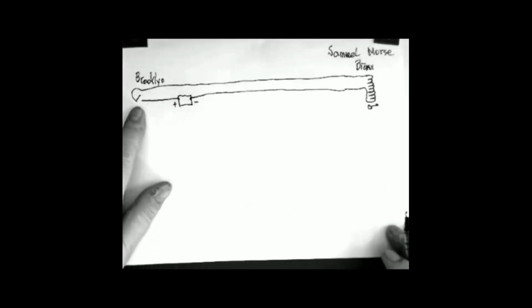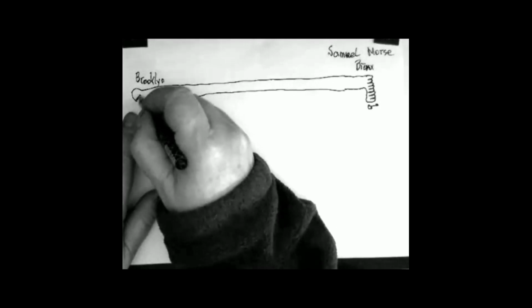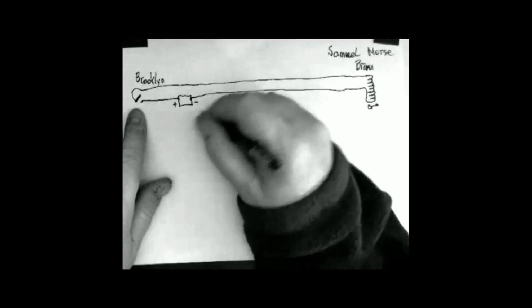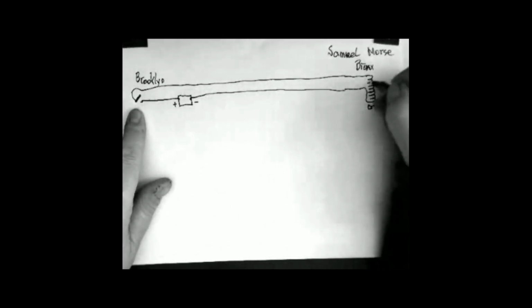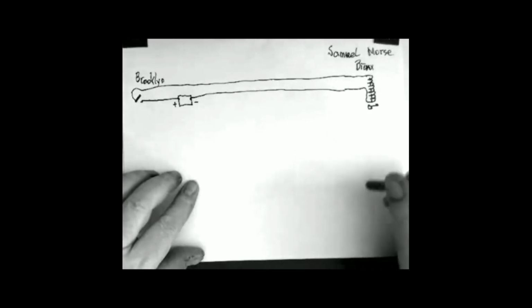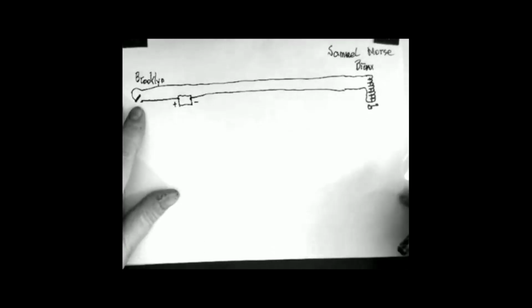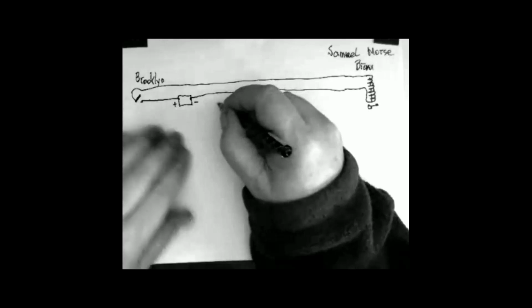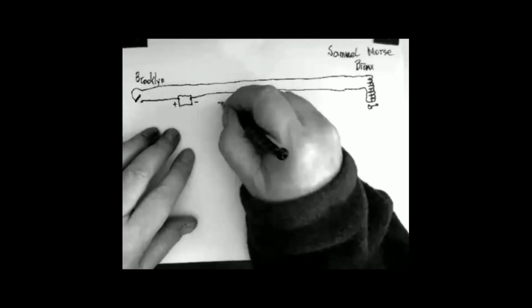Now look what happens. The operator in Brooklyn can push down the switch, and then an electrical pulse will go through the wires and attract this key to the solenoid. It creates a knock like this. Then when the operator releases the switch, the key will go down. So the operator can make a short push on the switch, and then you will see a short pulse, just a short knock.